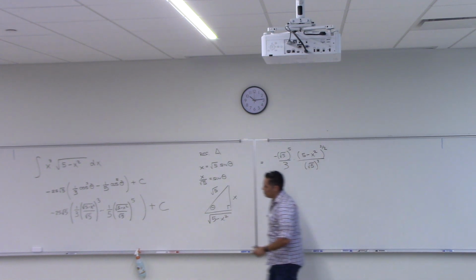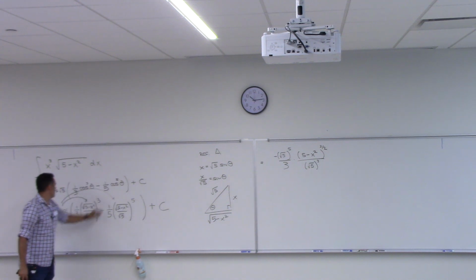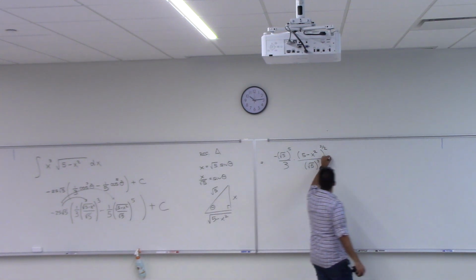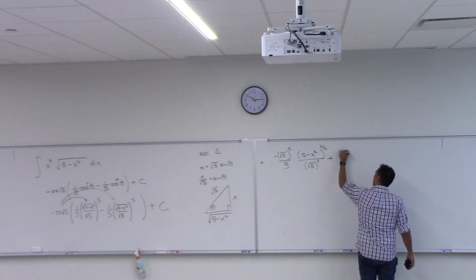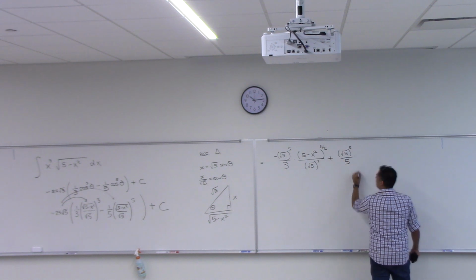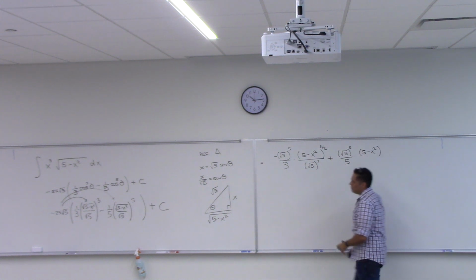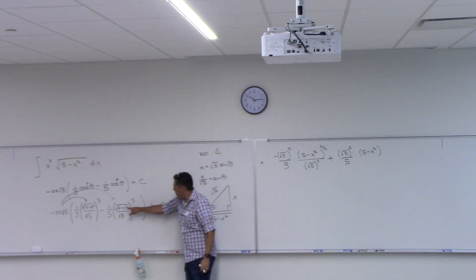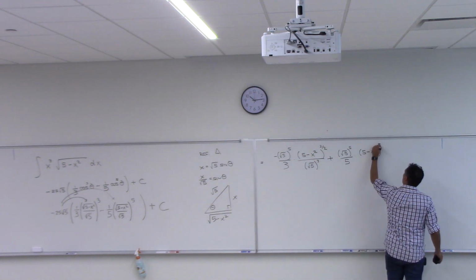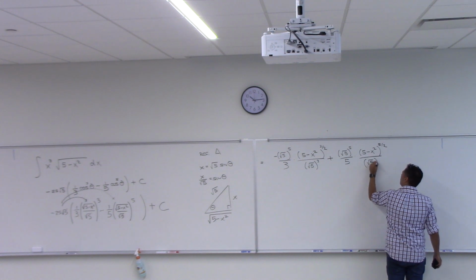That's the first distribution from here to here. And now I'm going to go here to here. So a negative times a negative is positive. I'll have root 5 to the 5th over 5 times the 5 minus x squared to what power this time? 5 halves, right? Because we're going to take that root and we're going to go to the 5th, so it'll be to the 5 halves, all over the square root of 5 to the 5th power.